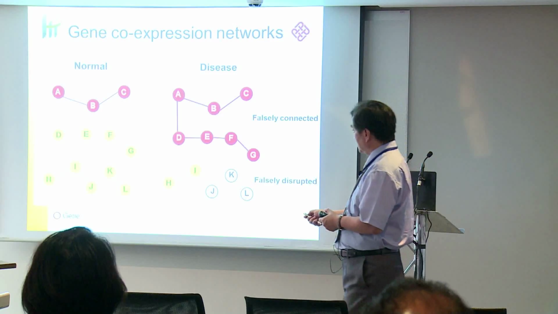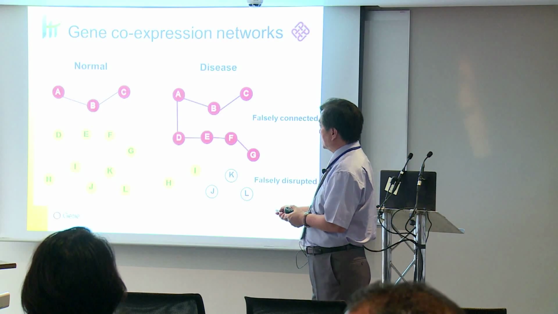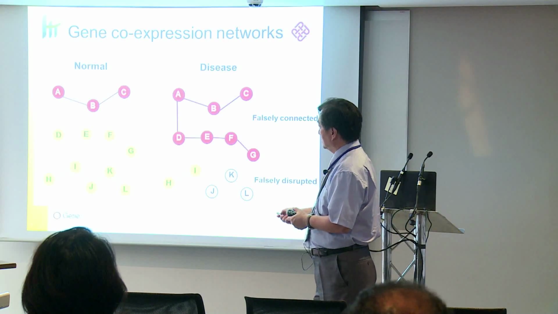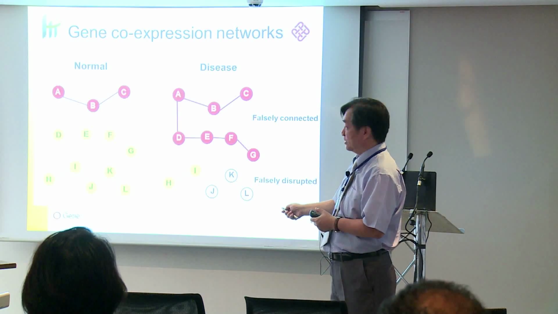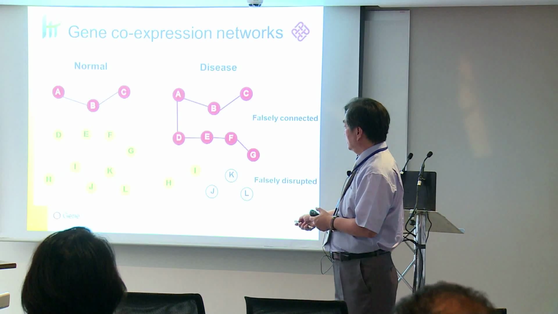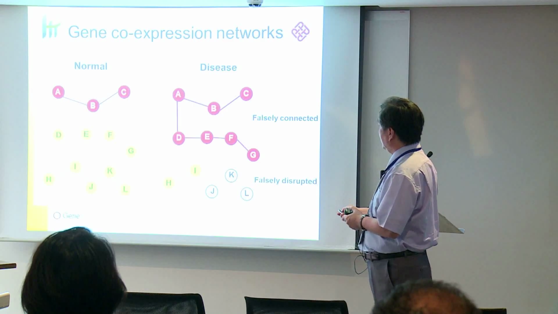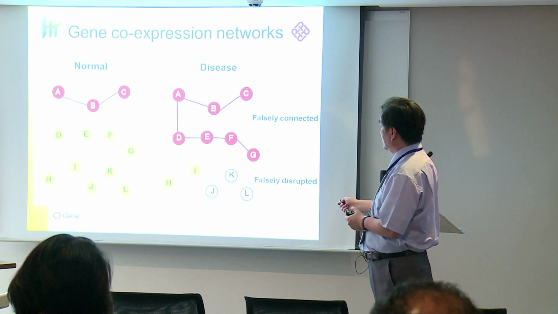Like this, in the normal cell, these three genes are co-expressed together. Gene A is co-expressed with B and C, and we use a mathematical model to calculate the co-expression index. D, E, F, G co-express together, and you can compare with the disease. We find that some genes are newly connected in the disease.